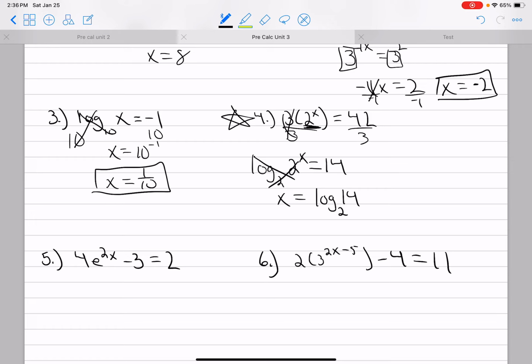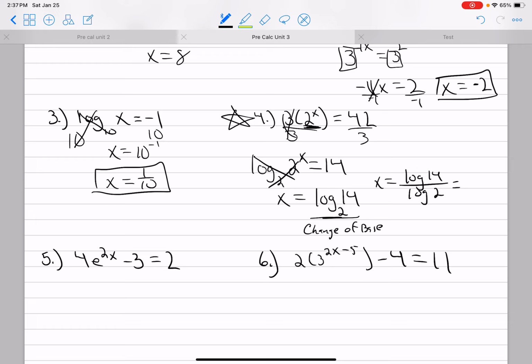To figure out what that is, this is now change of base. So that's just the log of 14 over the log of 2. And I'm going to do that in my calculator. You're going to do it in your calculator as well. Y'all all have calculators on your phone that have these scientific buttons. Let's see.